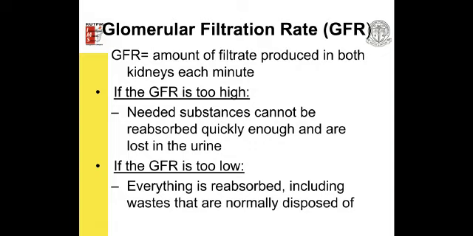GFR is the amount of filtrate produced in both kidneys per minute. If the GFR is too high, the needed substances cannot be reabsorbed quickly enough and are lost in the urine. Whereas if the GFR is too low, everything is reabsorbed, including wastes that are normally disposed of.